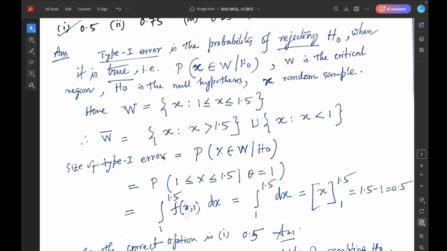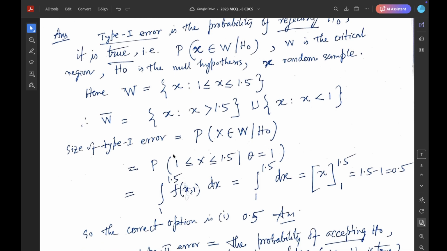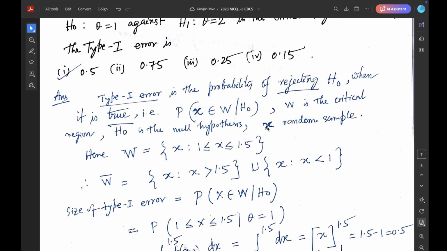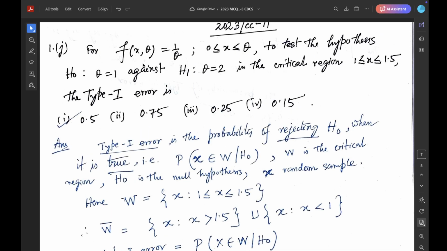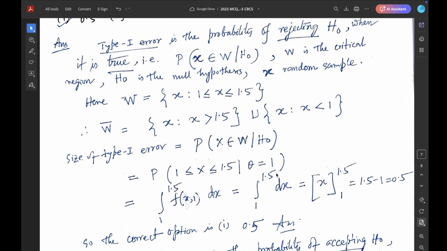Size of type 1 error is the probability of x belonging to W when H0 is true. So this is the probability of 1 less than or equal to x less than or equal to 1.5 when H0, which is theta equal to 1 as given, so we put here theta equal to 1.